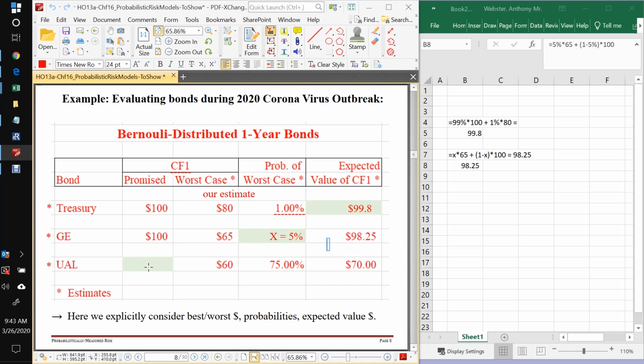Okay, and then let's go ahead and see if we can do the same thing here with United Airlines. Now, United Airlines definitely is a company that is in grave danger of going bankrupt because of the coronavirus problem. They're estimating that they're going to have 6% capacity on their planes. Right now, as I create this lecture, they're running at about 25%.